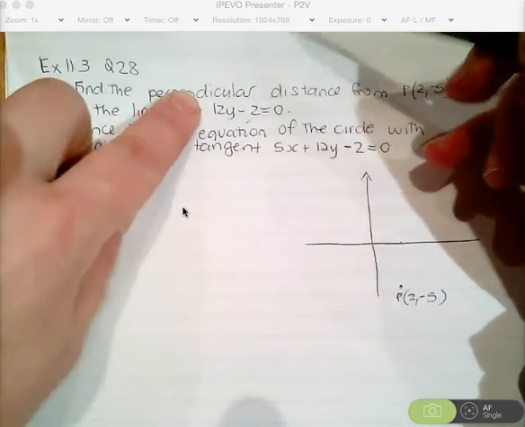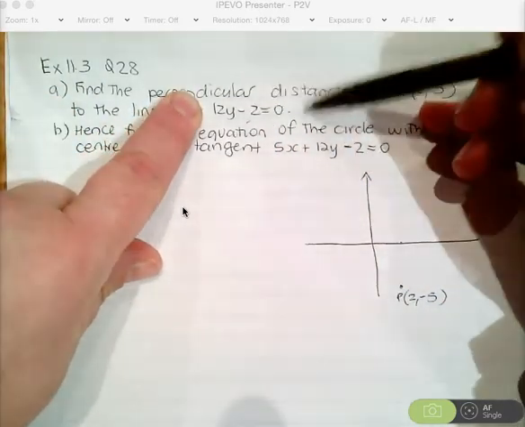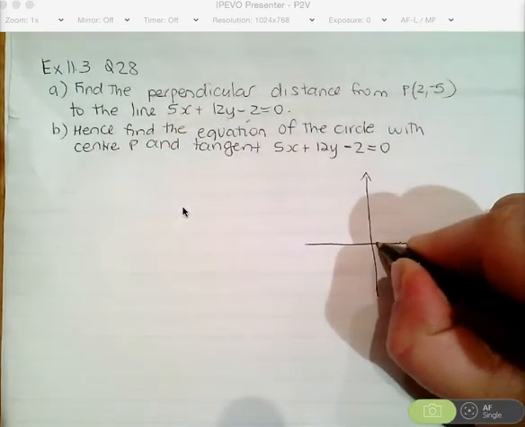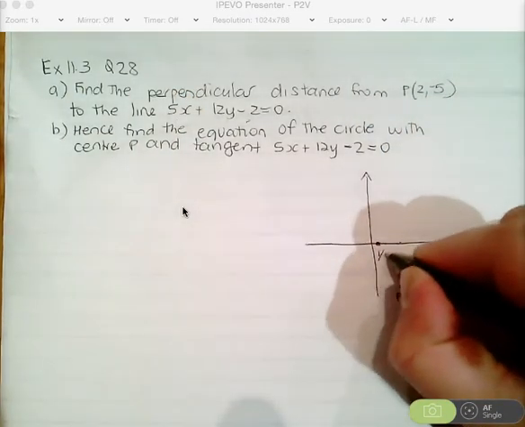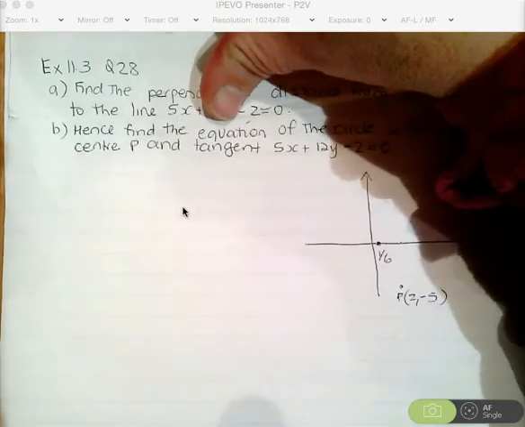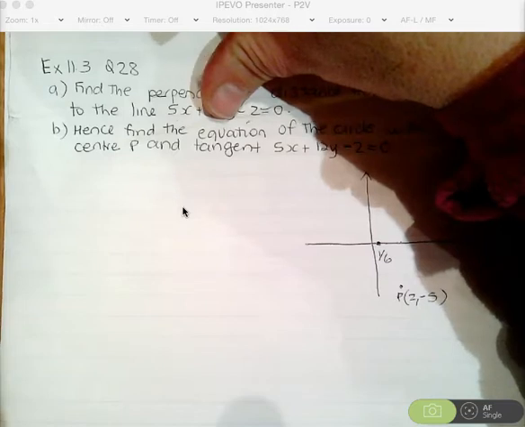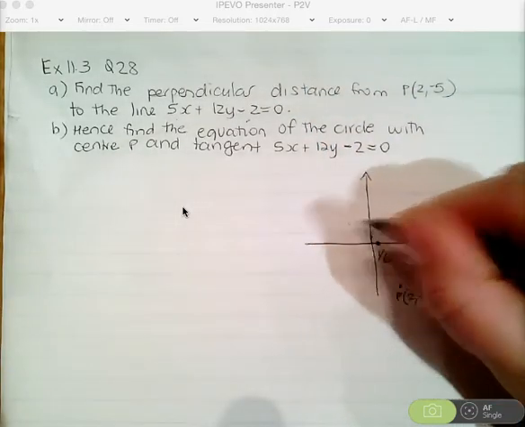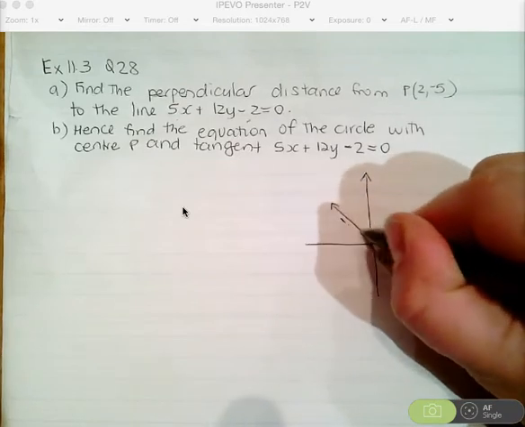Take the 2 to the other side, we get y is 2 on 12, which is 1/6. So that's roughly there. And when y is 0, we get that x is 2 on 5. Now these are very small values, so it looks like the line roughly looks like this.